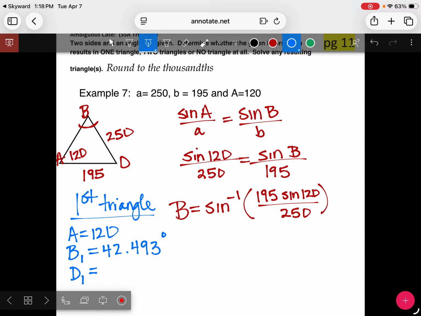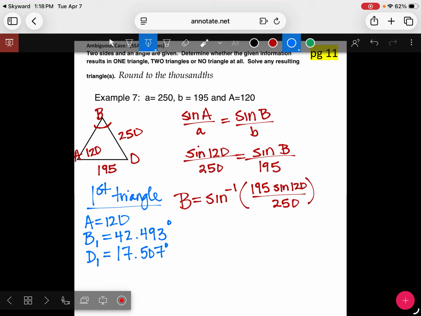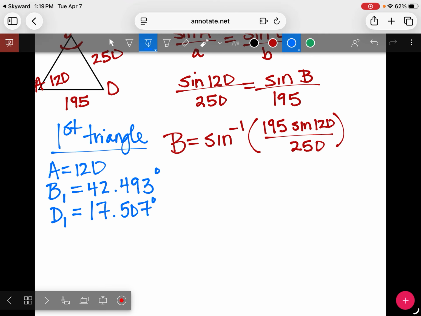Take your 180 and subtract 120 and subtract 42.493 to get the third angle. So you should have that angle D is 17.507.